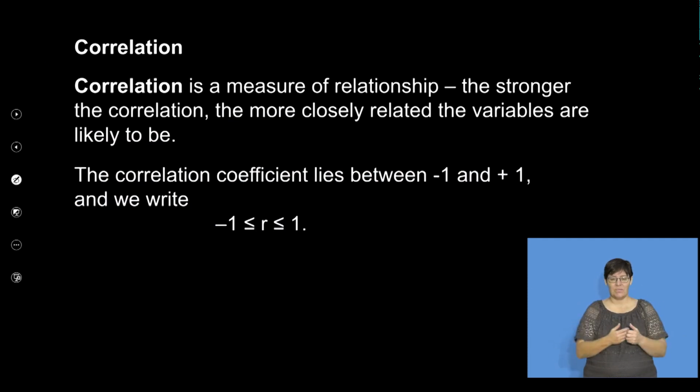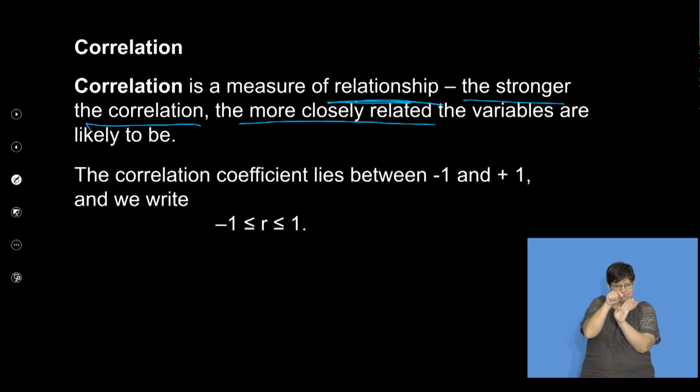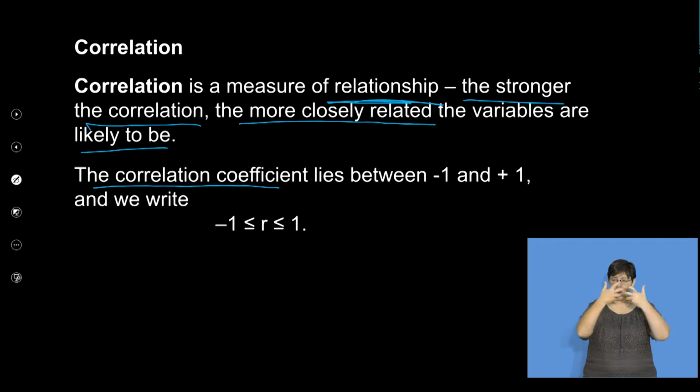So correlation is a measure of relationship, but we spoke about the two variables, relationship meaning association. The stronger the correlation, or the association, the more closely related the variables are likely to be. The correlation coefficient lies between -1 and 1.